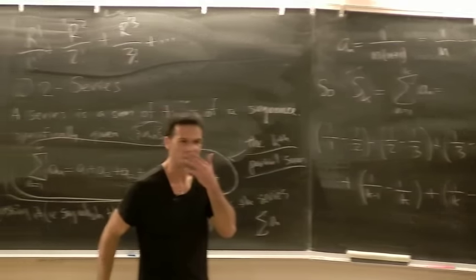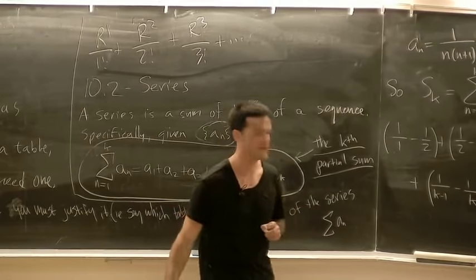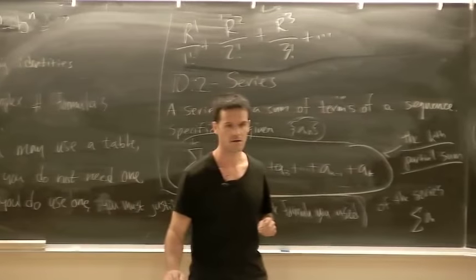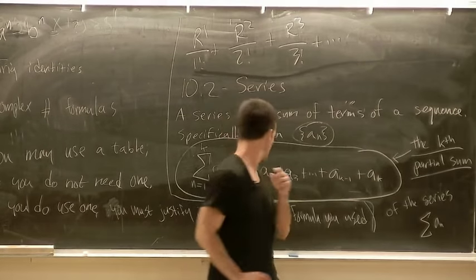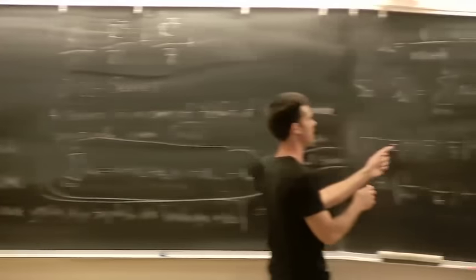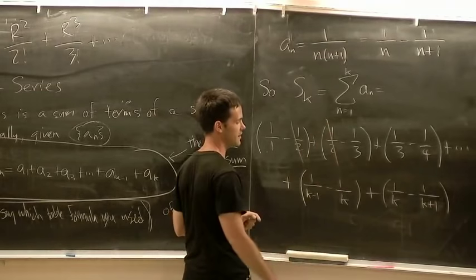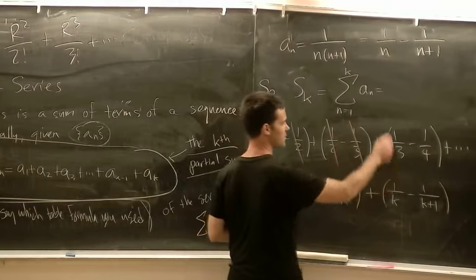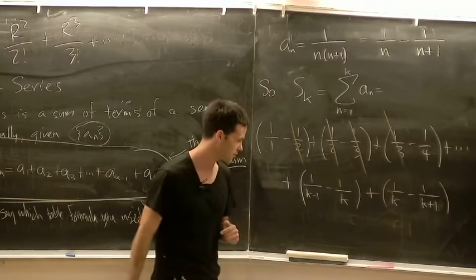Does anyone notice what cool trick I can do right here? Yeah, a bunch of stuff cancels out. Here I've got a minus 1/2, it cancels with the plus 1/2. Here I've got a minus 1/3, it cancels with the plus 1/3.